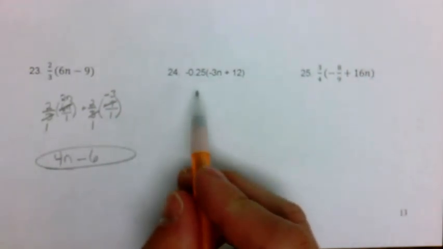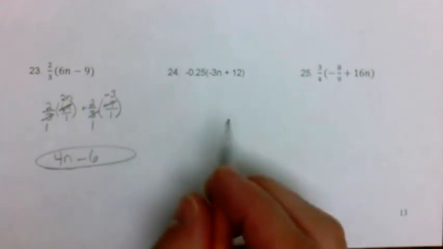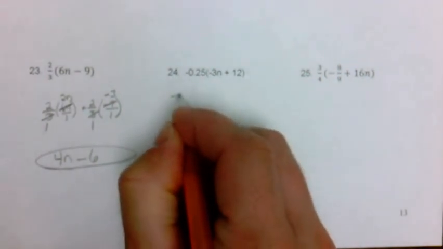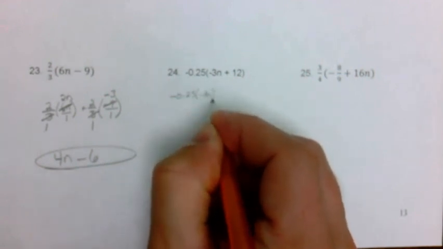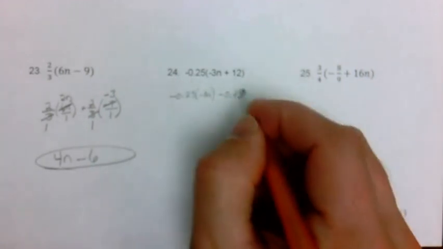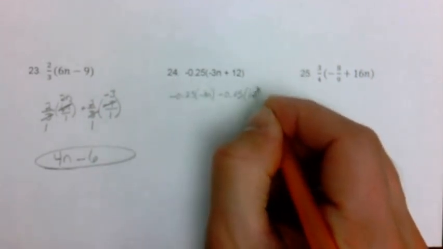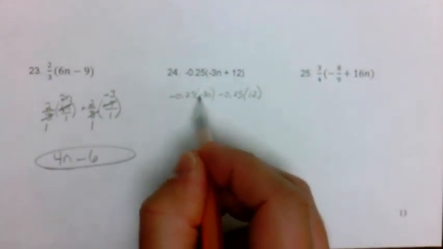In our next example, we're going to distribute a decimal, negative 25 hundredths. Okay, and again, the process isn't any different. Negative 25 hundredths multiplied by negative 3n, and then minus 25 hundredths, since that's a negative, multiplied by positive 12. Go ahead and multiply. A negative times a negative is a positive.